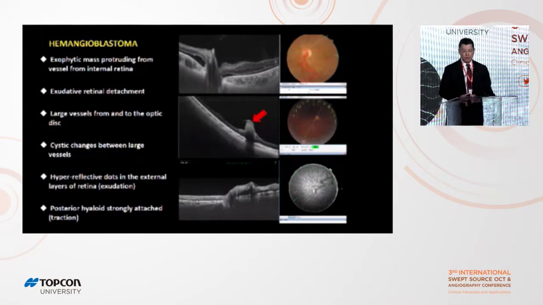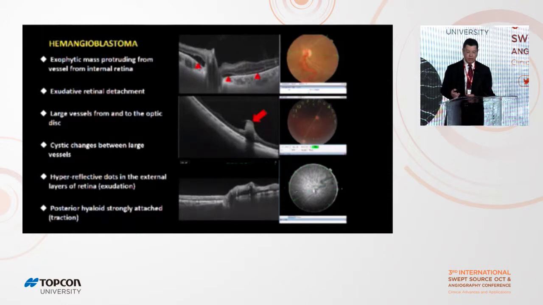For hemangioblastomas, generally it's an exophytic mass protruding from the internal retina. There is exudation, as you can see here, and the large vessels from the optic disc can extend to the periphery, which are the classical feeder vessels, and there are cystic changes between the large vessels.